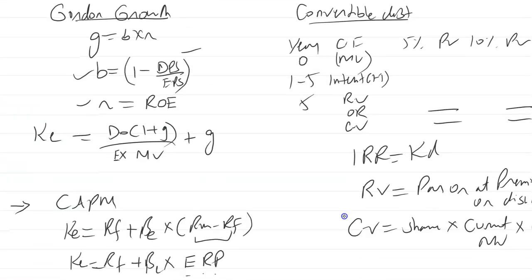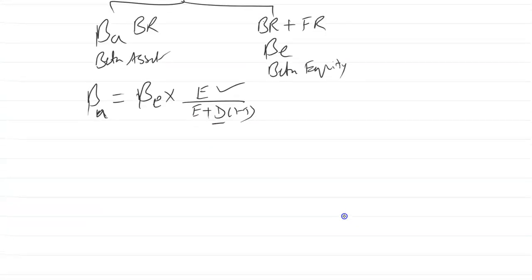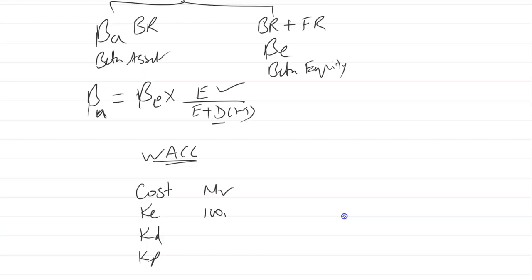Once you have calculated all these data, then you will calculate WACC. For WACC, you will write cost of equity, cost of debt, cost of preference share. Then you will write the market values. Let's suppose market value is 1000 for equity, for debt 700, and for preference share for example 300. Total is 2000. Now calculate the weightages.